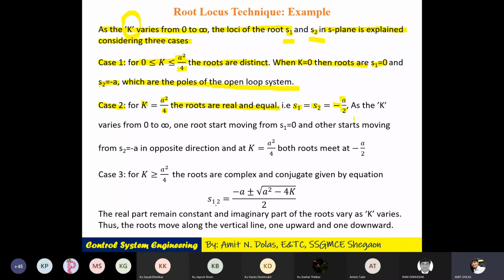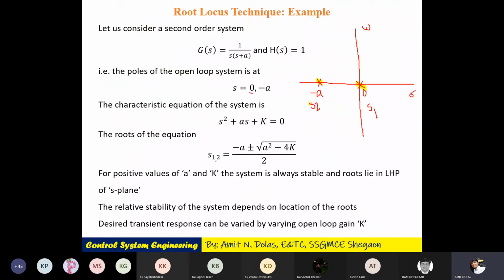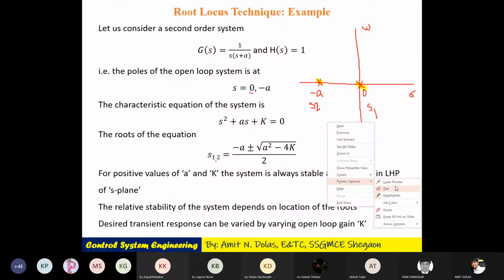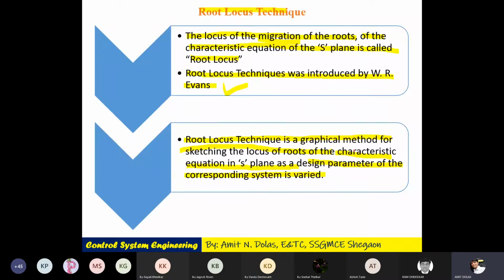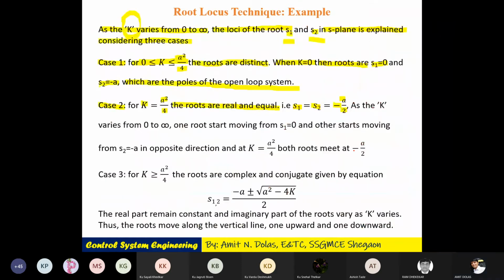So if I vary the value of k from 0 and now k is a square by 4, exactly at the end point, then what happens?